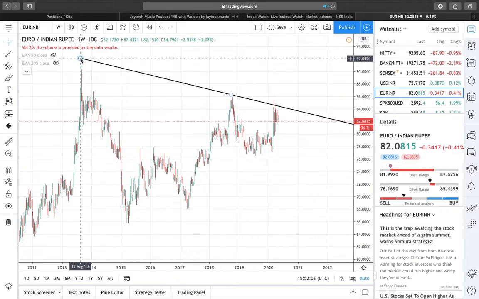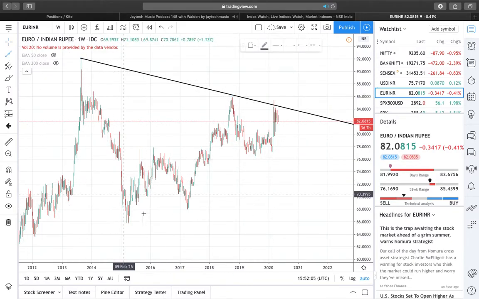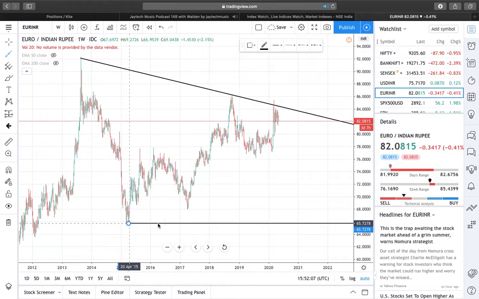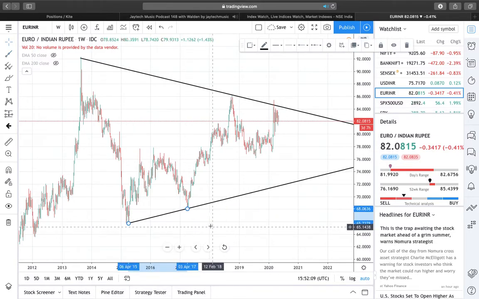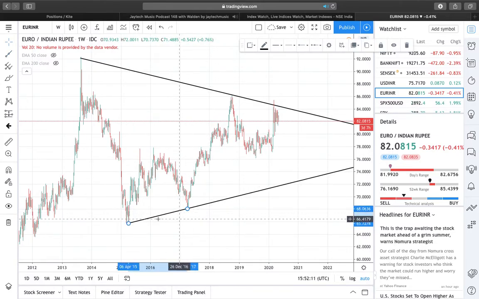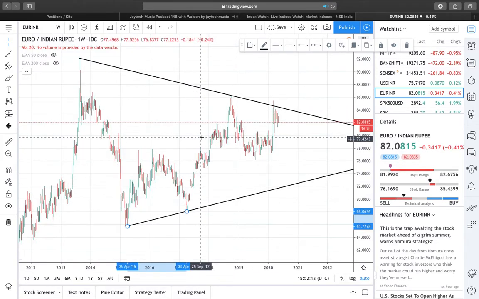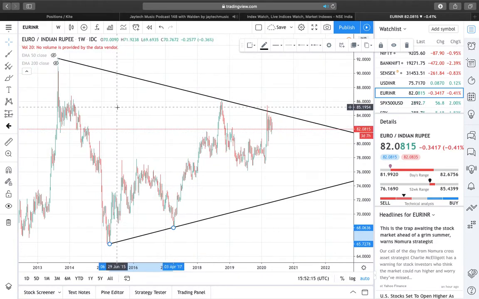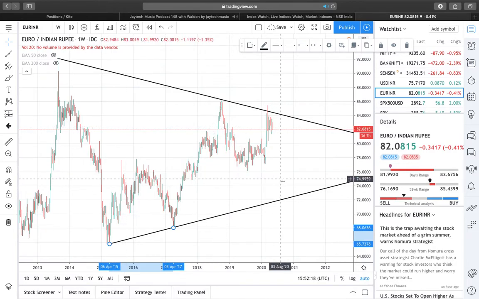When we get the upper extremity defined and connect the extreme lows, we see a hypothesis that it could be a triangle-like structure, and that the euro could be consolidating for a longer time, provided that the lower trend line holds.